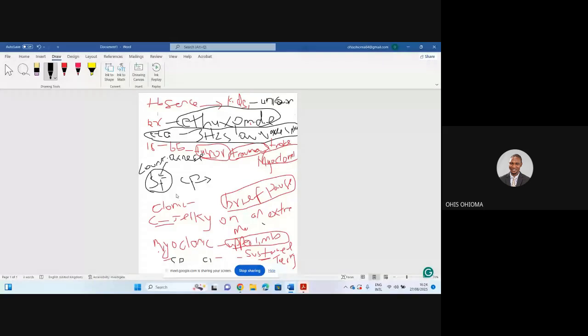But for the complex partial, it initially starts as a focal seizure, and then as time goes by, there's secondary generalization and loss of consciousness.